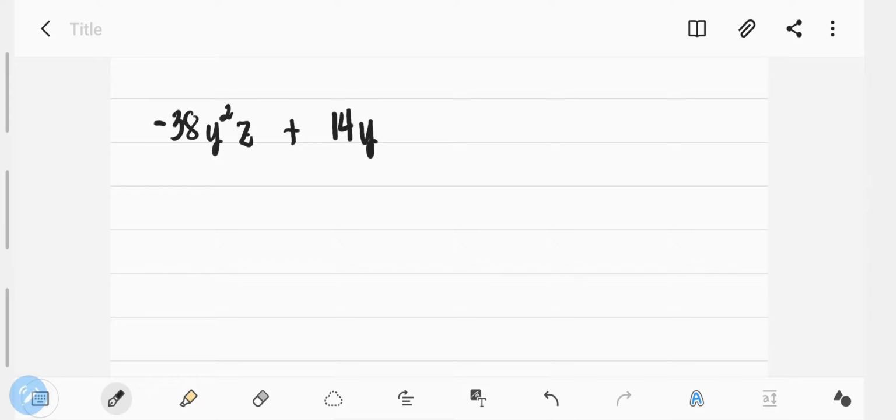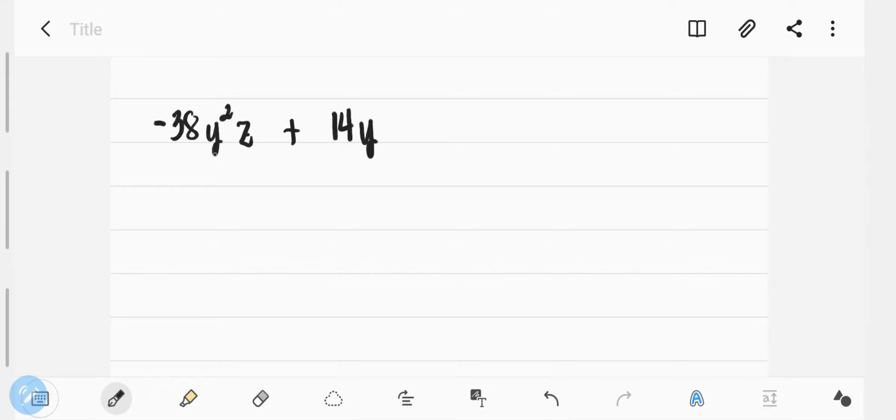And so negative 38y squared z plus 14y. So kung mapapansin ninyo, pareho silang may coefficient, pareho silang may y, pero hindi sila parehong may z. So paano kapag yung isa wala nung isa?